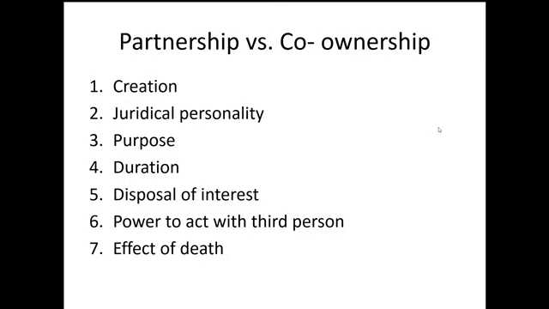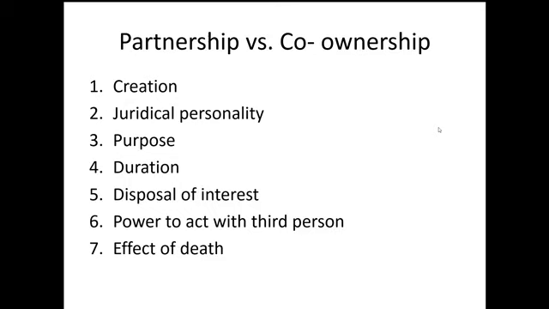Kaya nga, di ba sa definition niya, by the contract of partnership. The rule is that you cannot create a partnership by operation of law. They are created by agreement among the partners, except only in case of an estoppel.